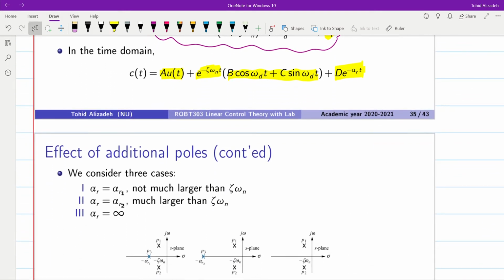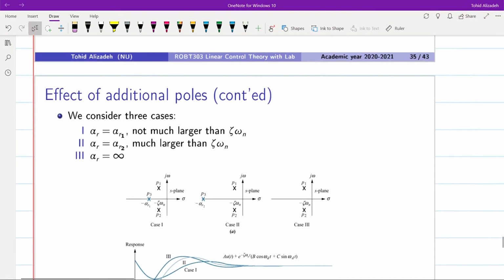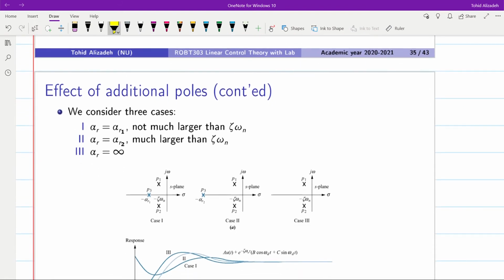Then we can have three cases. The first case, when alpha r is equal to alpha r1, is the case when the real part of the additional pole is not much larger than zeta omega n. So it is somehow close to the complex poles. The second case is when the real part of the additional pole is much larger than zeta omega n.